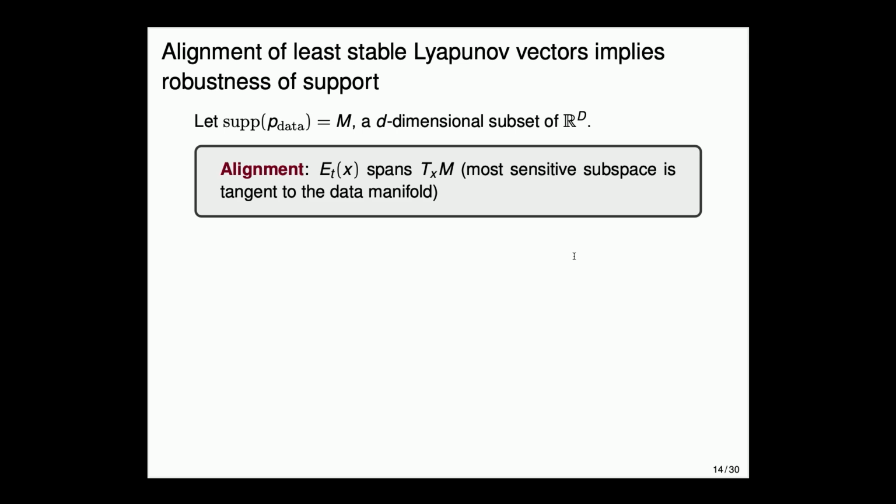Again, recall that E_T is a property of the dynamics of the generative model, and T_xM, this tangent space, is simply a property only of the target distribution. It does not have anything to do with the generative model.